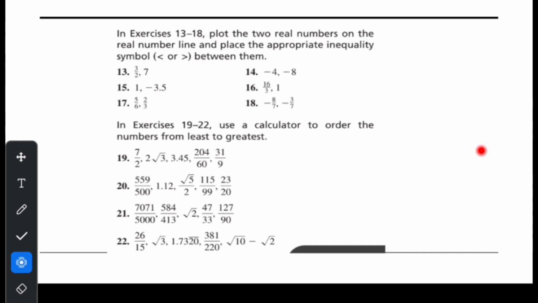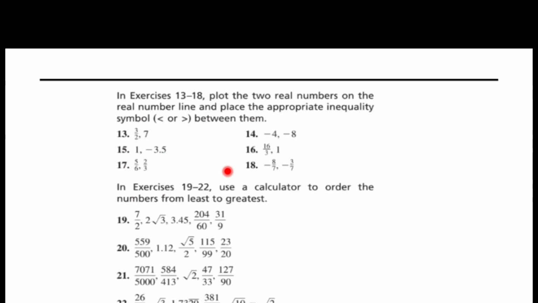So step by step we'll convert all the numbers into decimal numbers, and then we'll arrange them from least to greatest. I hope you would be able to solve it using the same example as we have done in the previous case. Let's move to the next question.